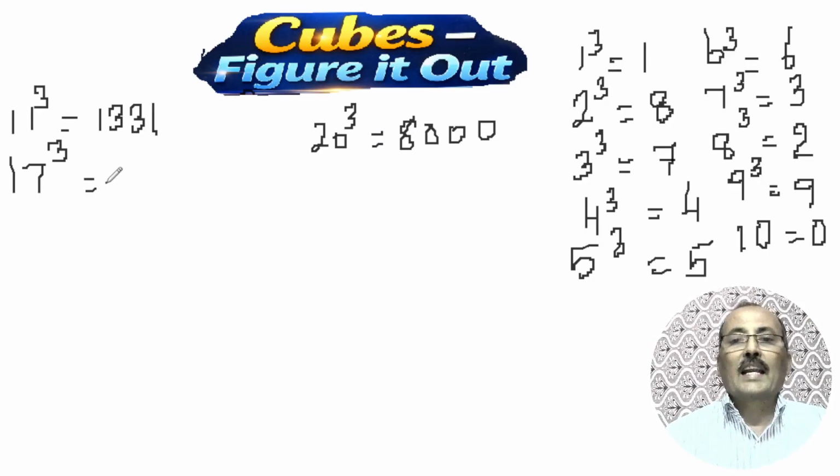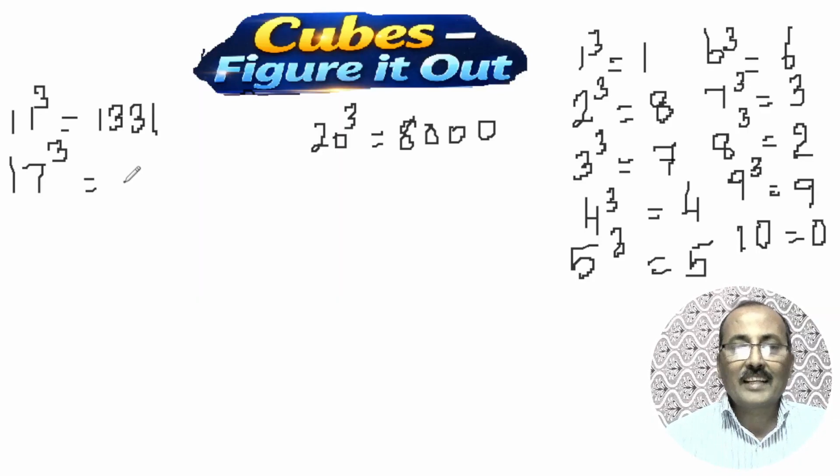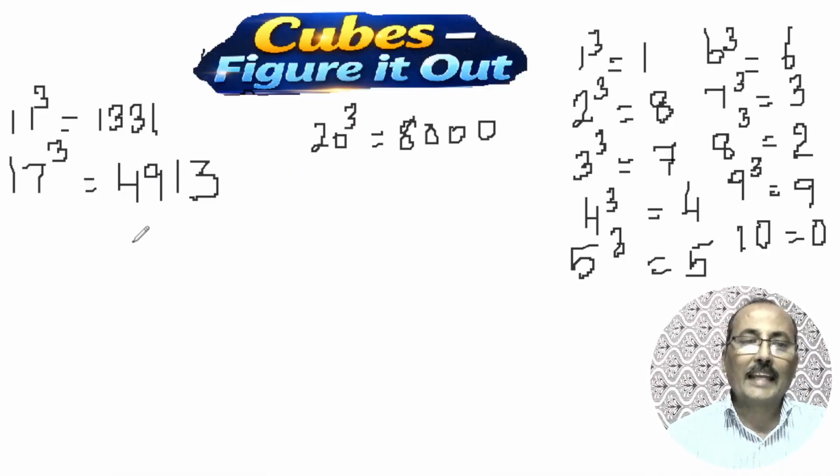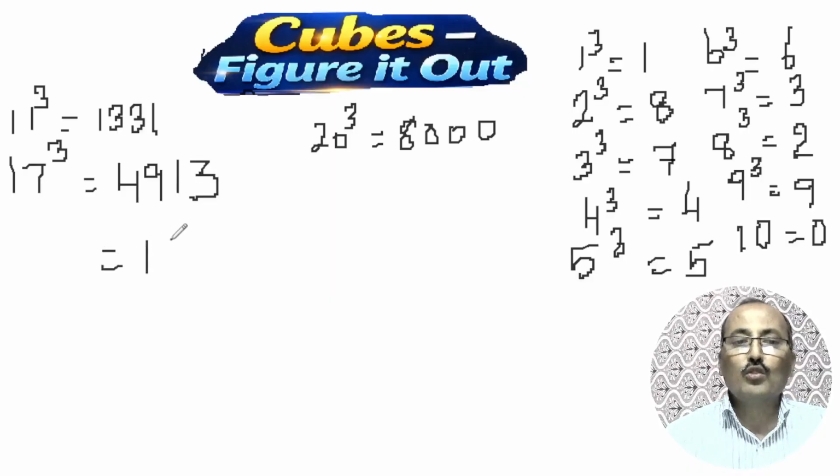We have to calculate here: 17 sevens and again 7. The answer is 4913. You calculate it and check, because I don't want to multiply and show here. So it is 4913.